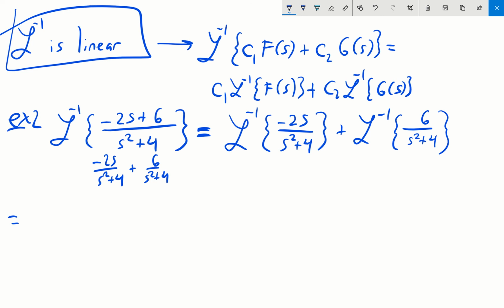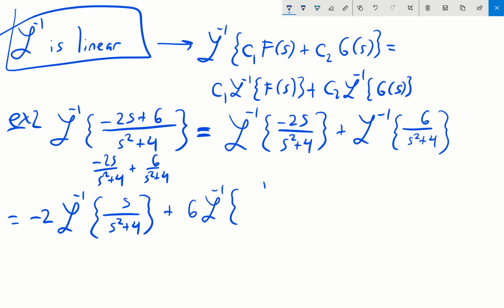And now we can pull those constants out. So we're looking for negative 2 times the inverse Laplace transform of s divided by s squared plus 4, plus, pulling the 6 out, 6 times the inverse Laplace transform of 1 over s squared plus 4. In order to take it from here, we want to use the following common inverse Laplace transform theorems.